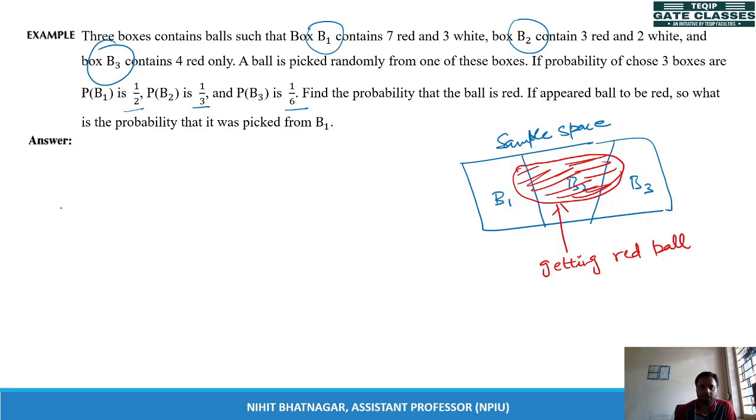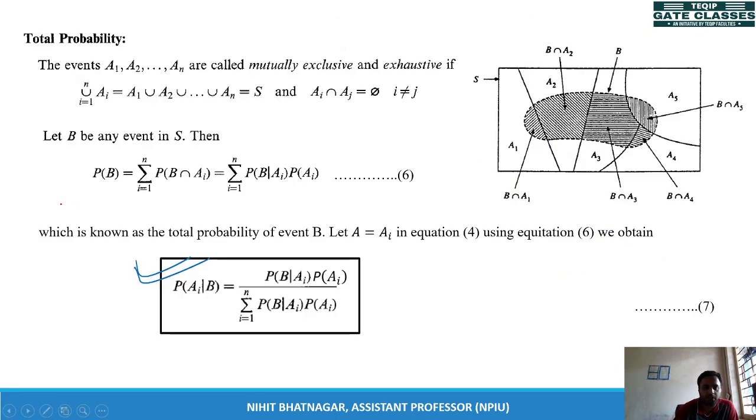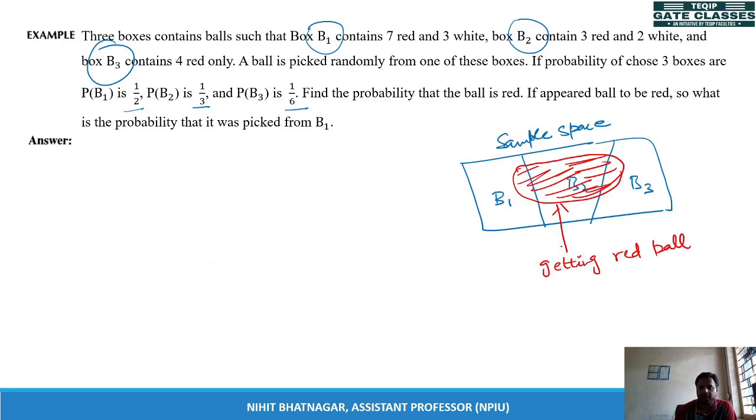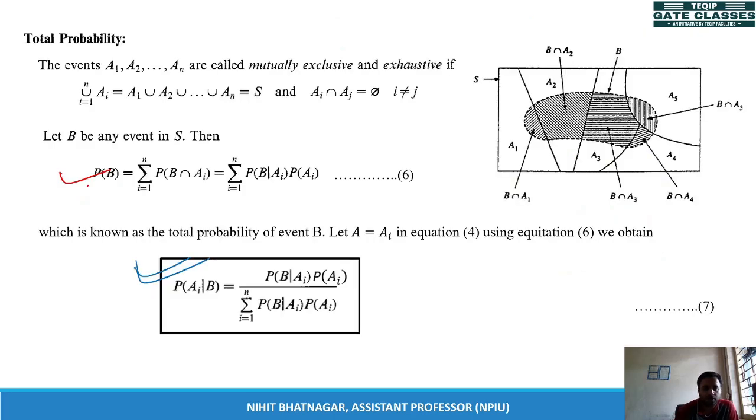As you know this formula, this is the probability of event B, which is associated with all the events A1 up to An. That's why the probability of getting a red ball is associated with all events B1, B2 and B3. So P(red) equals the summation of P(B given Ai) into P(Ai).